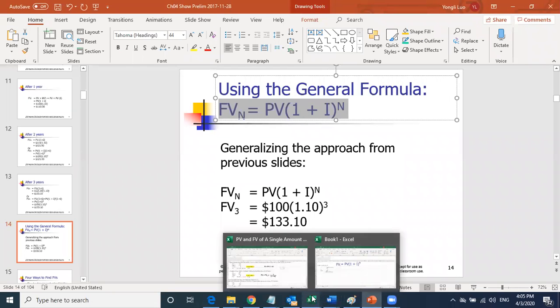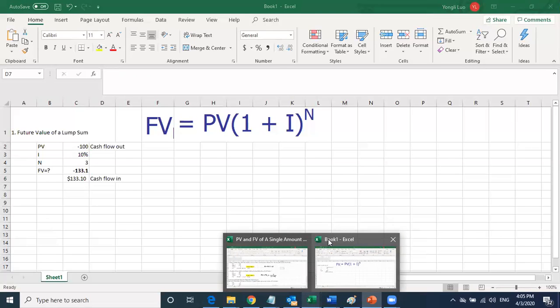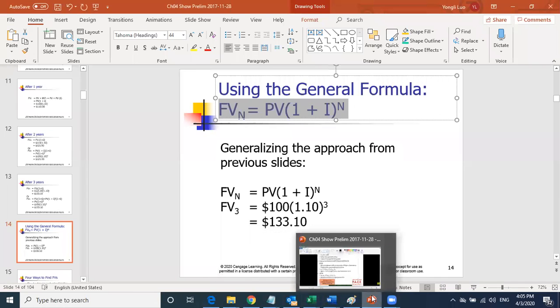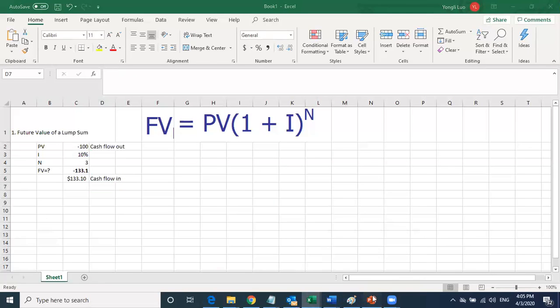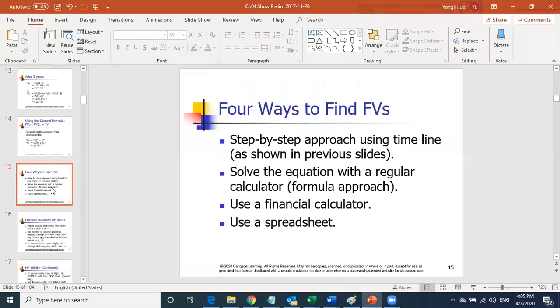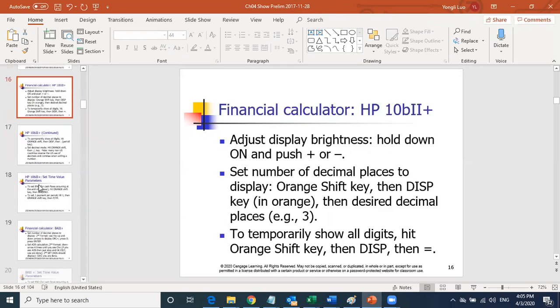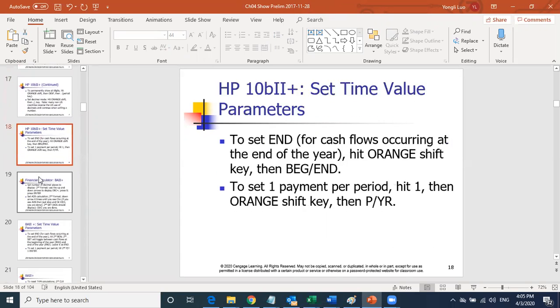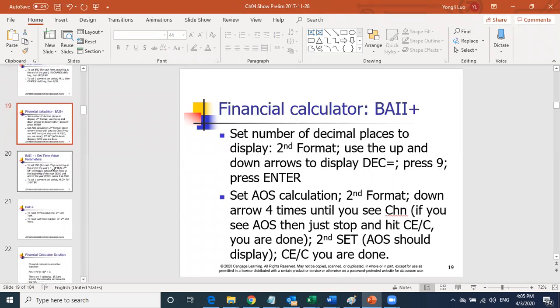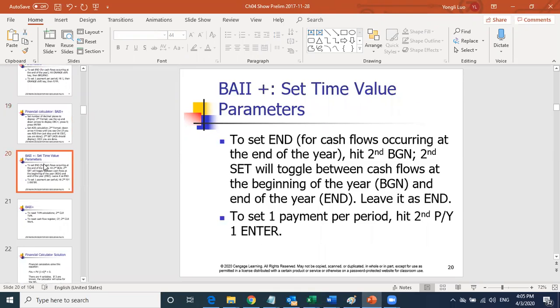So in Excel, you learn how to use the FV function. Going back to the slides, there are 4 different ways you can do it, including calculators. If you have a financial calculator and want help, send me an email so I can help.